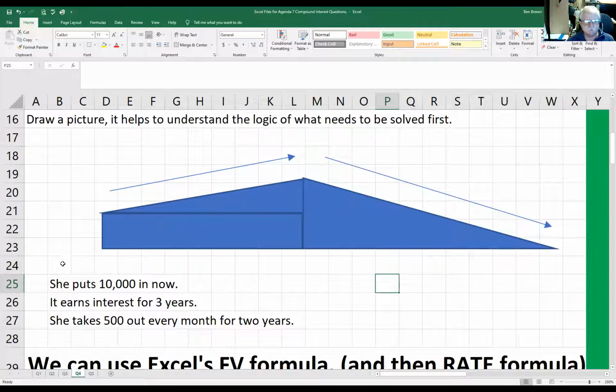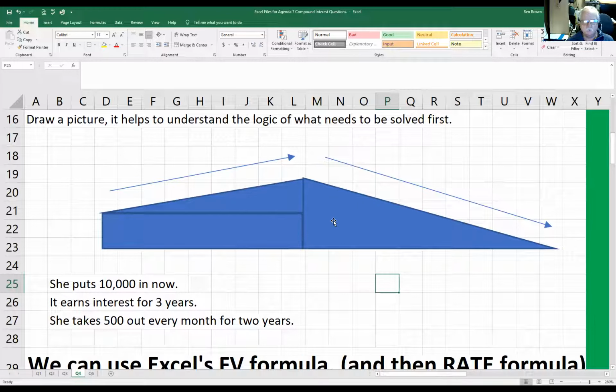And here's basically exactly the same picture. She puts 10,000 in, we know that. She lets it earn interest for 3 years, and we know the interest rate for these 3 years. Then she'll have a sum of money up here, and then she's going to take payments out for 2 years.